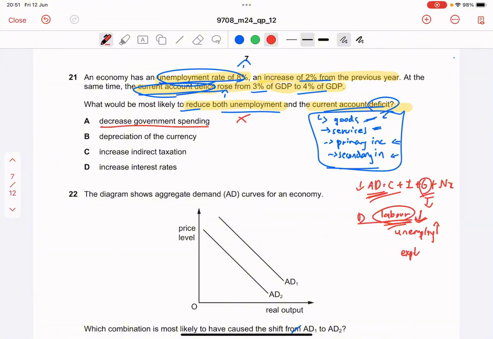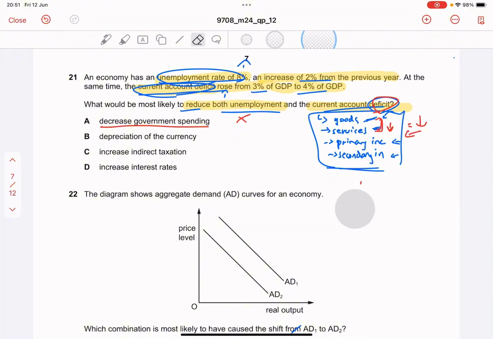So if there are fewer exports, then the value of net exports of goods and services will decrease. So that might decrease the current account, the whole value of this, right? That might fall. So does that decrease the deficit? No, it's increasing the deficit.